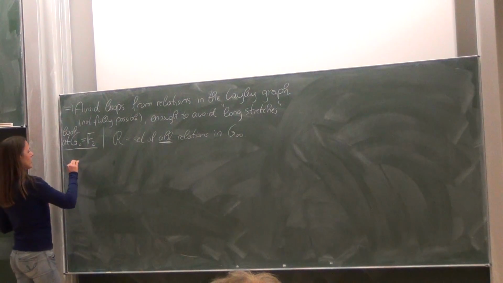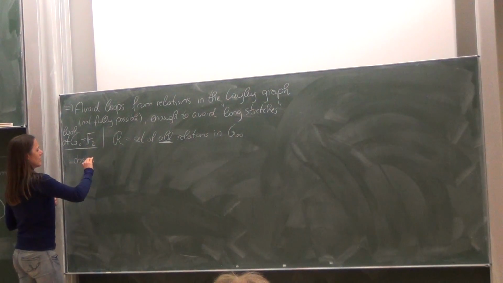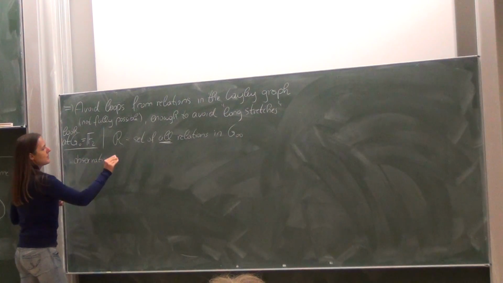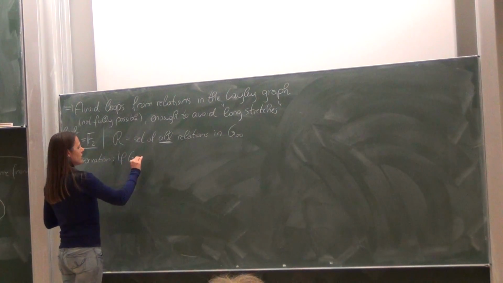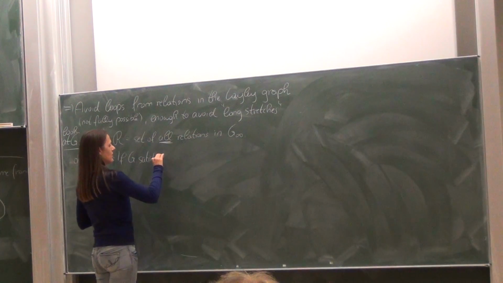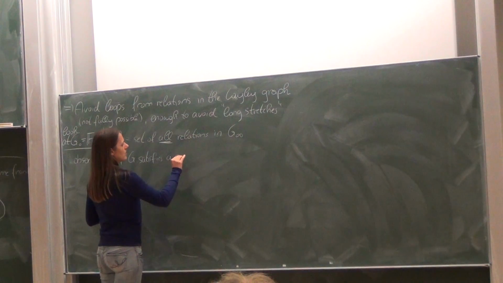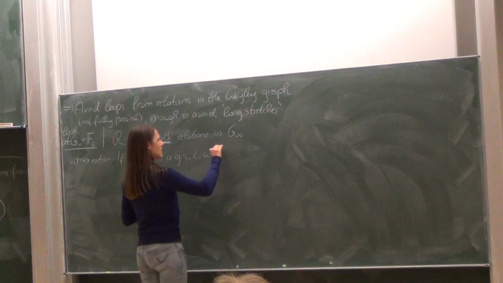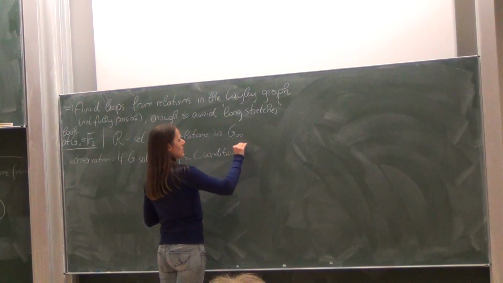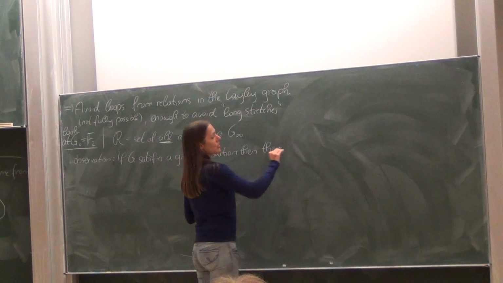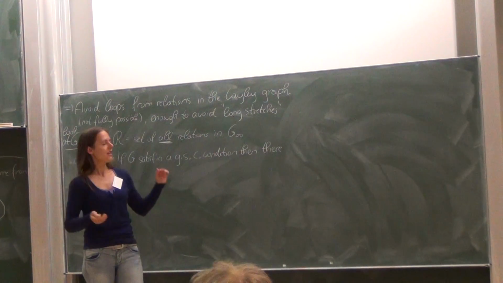And first observation. If G satisfies a graded small cancellation condition, then we count how many relations of a certain length we can have. So that's the first step.